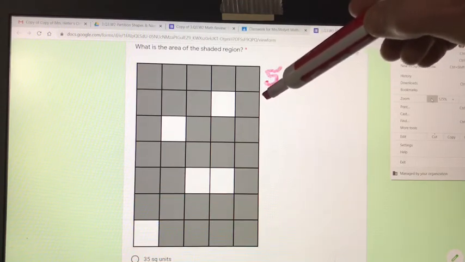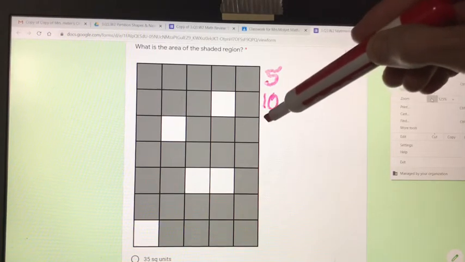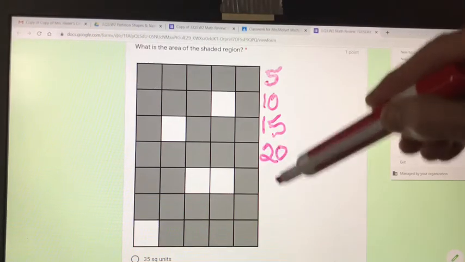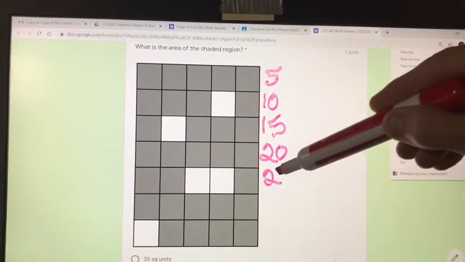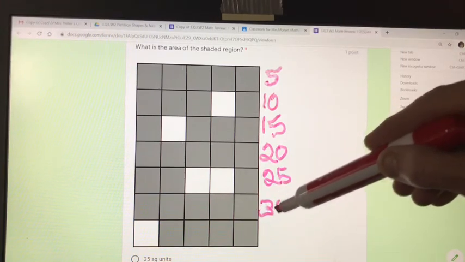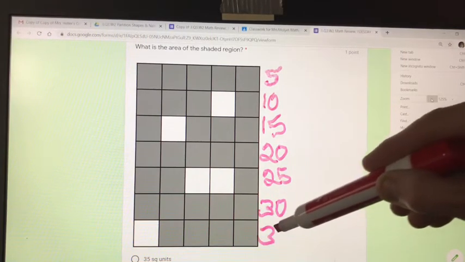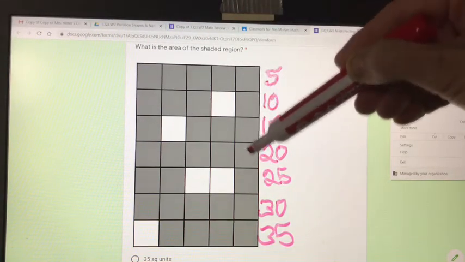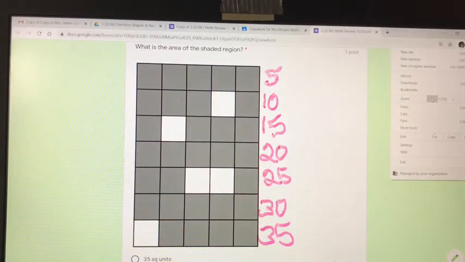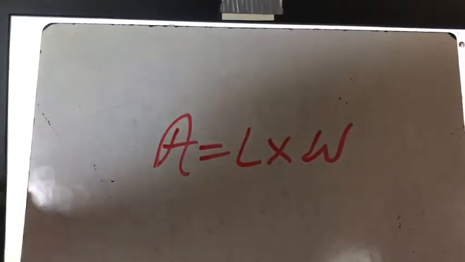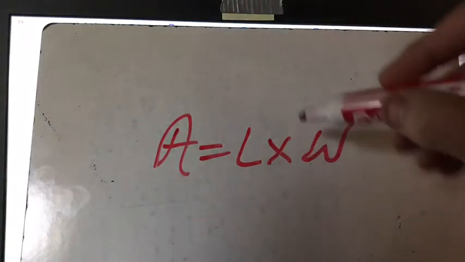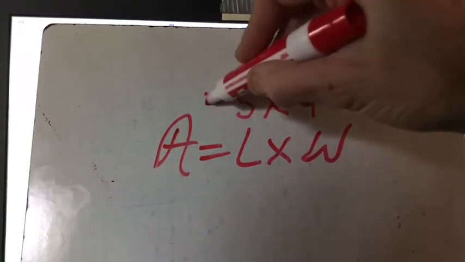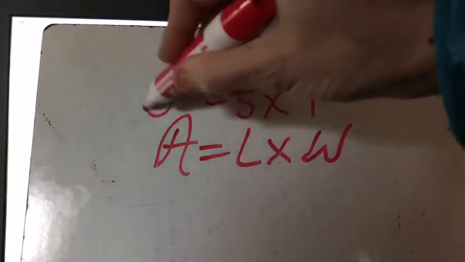So 5 plus 5 is 10, plus 5 is 15, plus 5 is 20, plus 5 is 25, plus 5 is 30, plus 5 is 35. Or I have a 5 by 1, 2, 3, 4, 5, 6, 7. If it was all shaded in, I would have 5 times 7, and we counted 5, 7 times gave us 35.